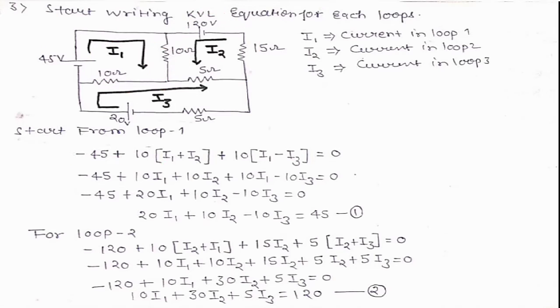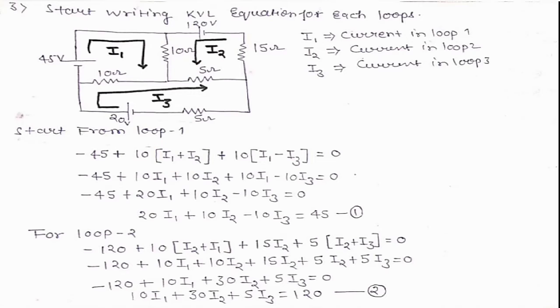Here you see two loops are interconnected, so there are two currents flowing here, I1 and I2. If I1 and I2 are both in the same direction, we will add them up: I1 plus I2.